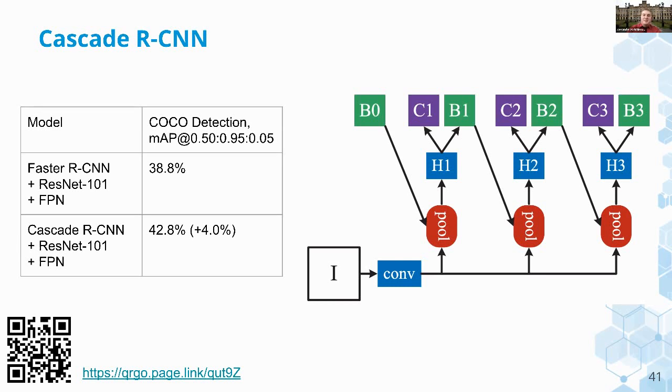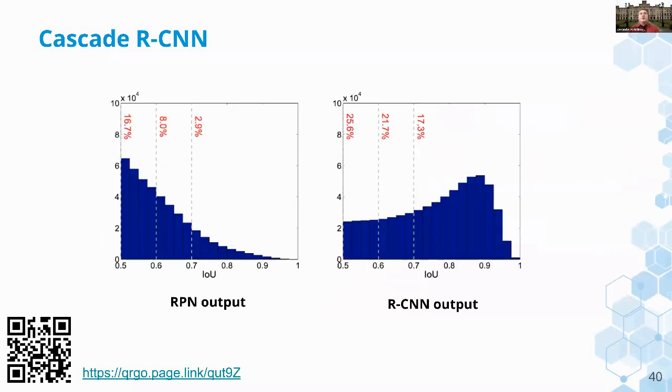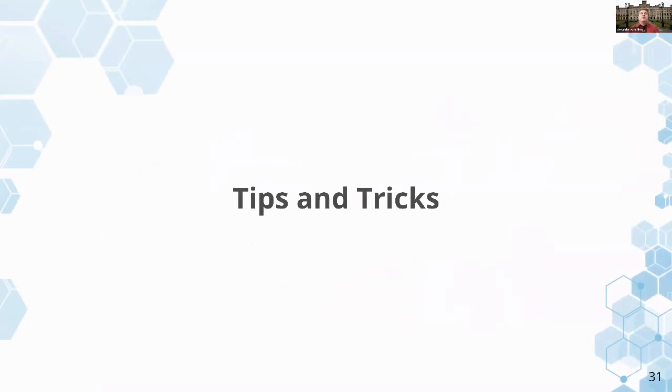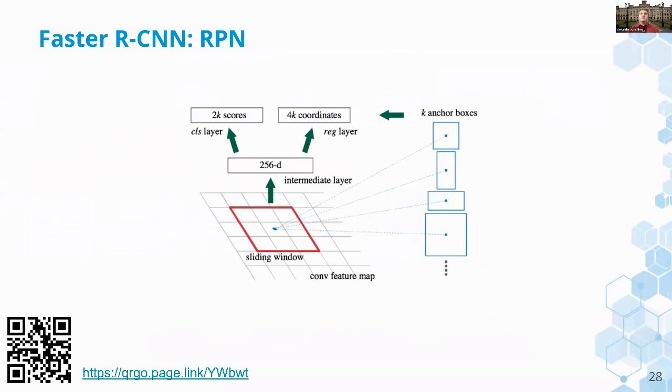What does the term anchor mean? Also, what is the difference between anchor-based and anchor-free approaches? Okay. As I already said, anchors are simply the name of such predefined bounding boxes, shapes, and sizes, which we are using to slide over the feature map.